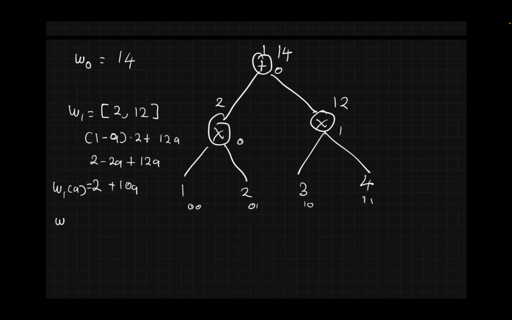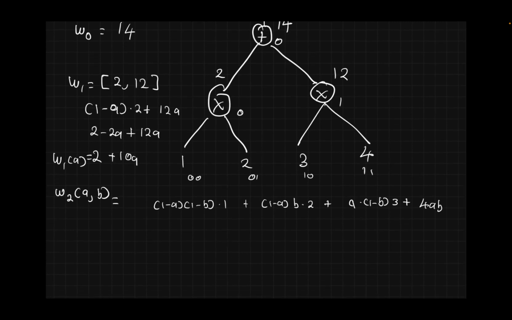Now W2, it's going to be AB, right? It's going to be equal to 1 minus A, 1 minus B, times 1, plus 1 minus A, B, minus 3, right?